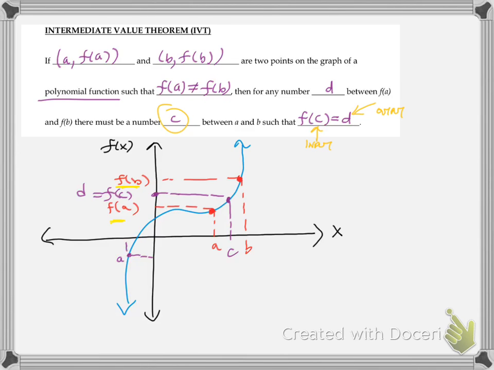We can call this a, and let me use a different color. Let's say b is over here, right? Okay, so this is f(a). I don't know if you guys can see that yellow. That's not really a good color to mark up. Let's go back to black.